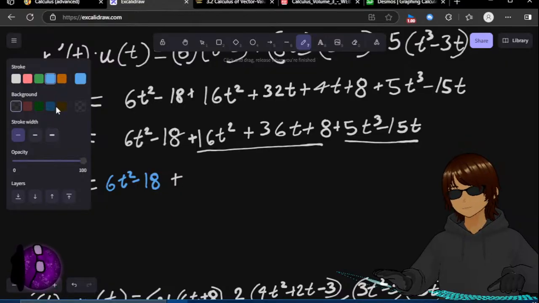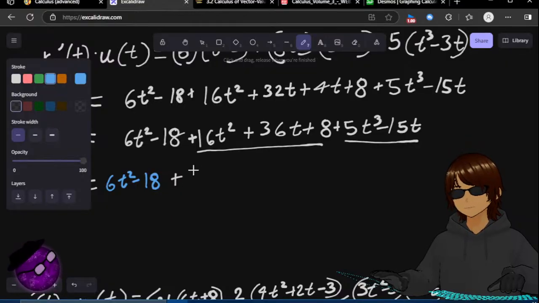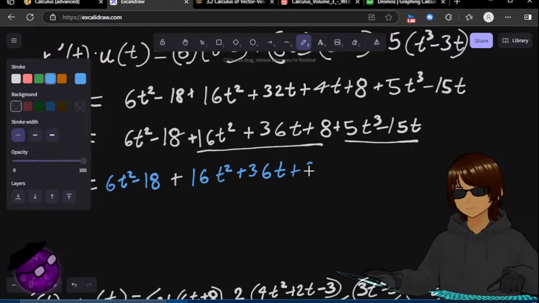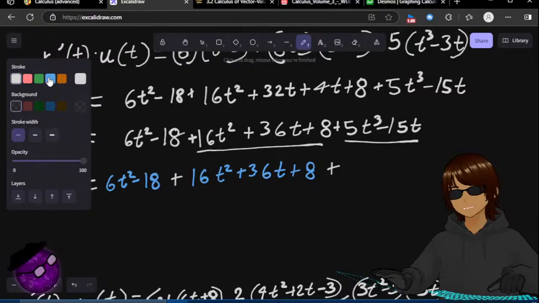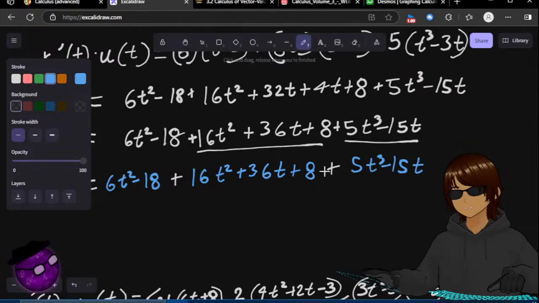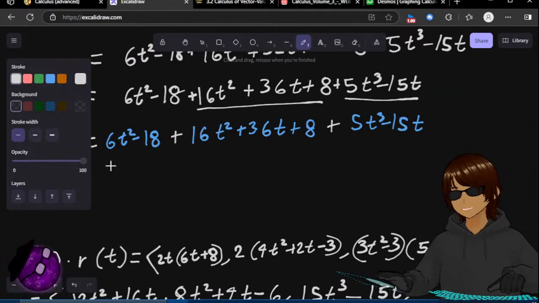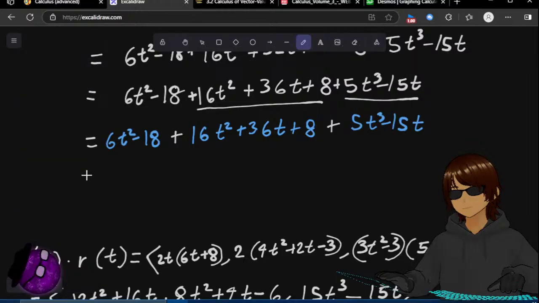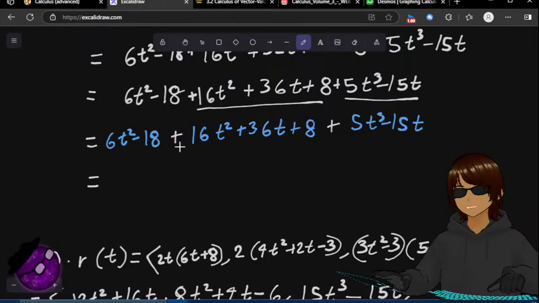Plus, and then 5t cubed minus 15t. Now if we add them, 16, 6, and then nothing else.